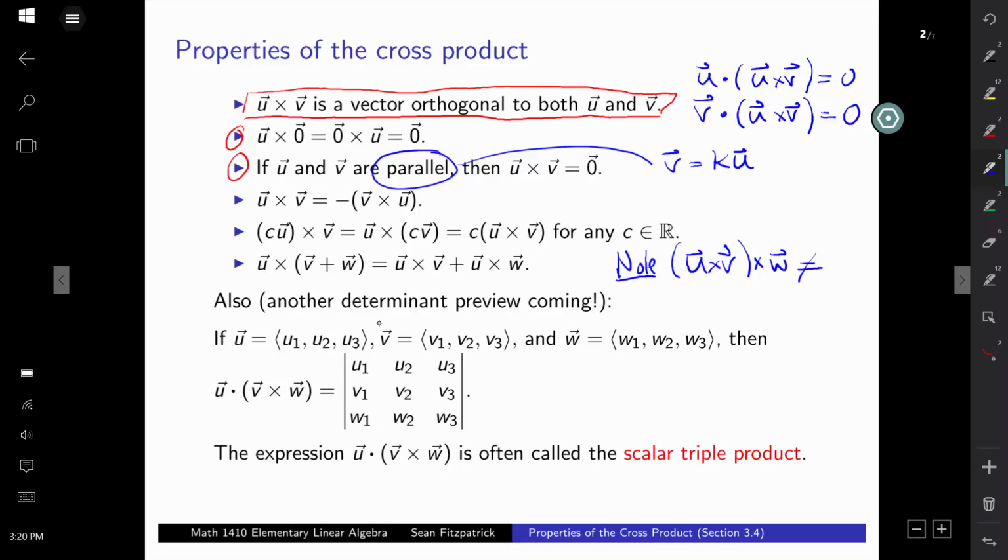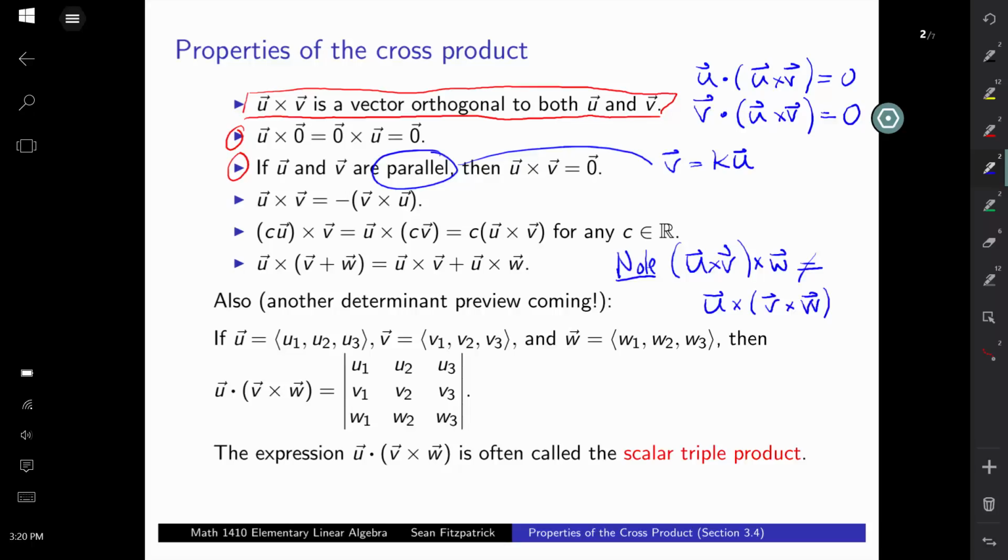That turns out to not be the same thing as doing u crossed with v cross w. So it's an interesting thing. This is one example of sort of an algebraic operation where placement of brackets really does matter.